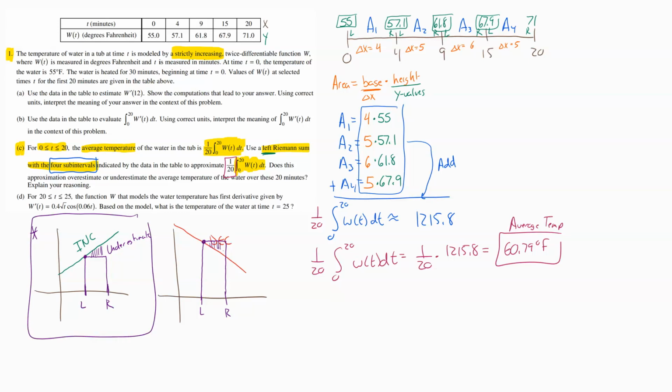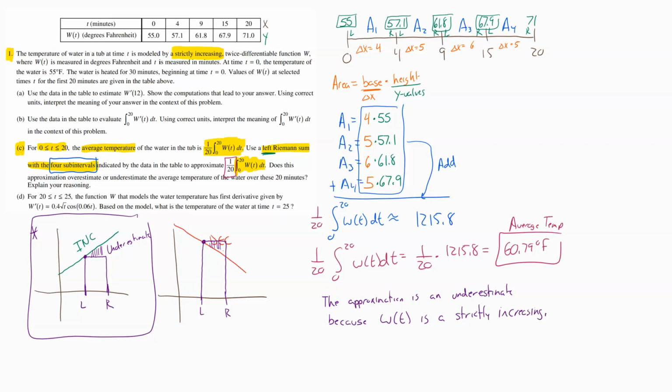And what you would want to do here is you would want to give them a little bit of an explanation in a sentence. You would say the approximation is an underestimate because W(t) is a strictly increasing function.